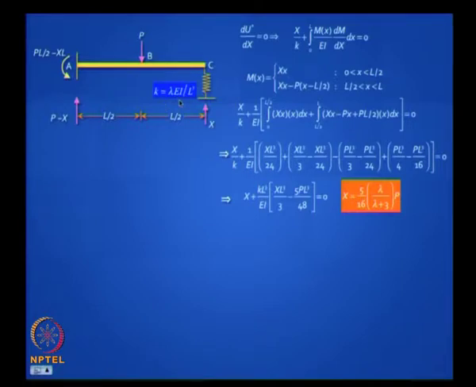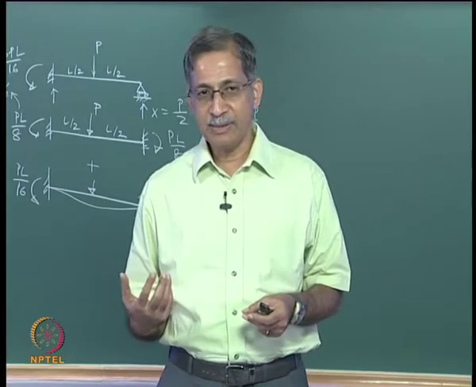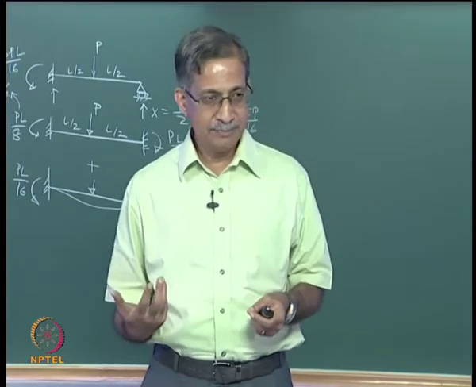In other words, I am trying to relate the spring stiffness with the beam stiffness. The stiffness parameters in the beam are related to EI by L. So let the spring stiffness be lambda times EI by L cubed. I have chosen lambda in a manner that it is non-dimensional.